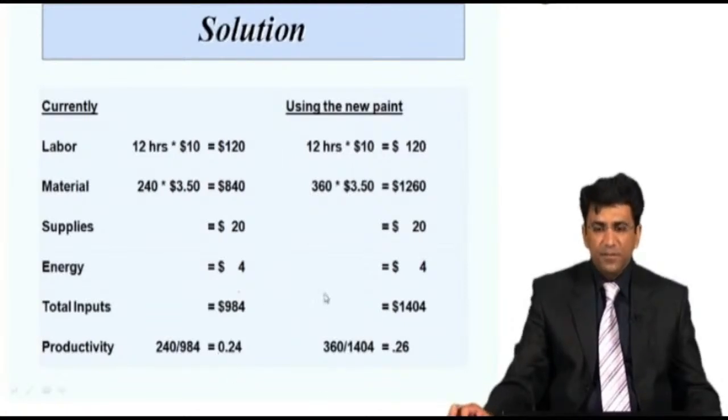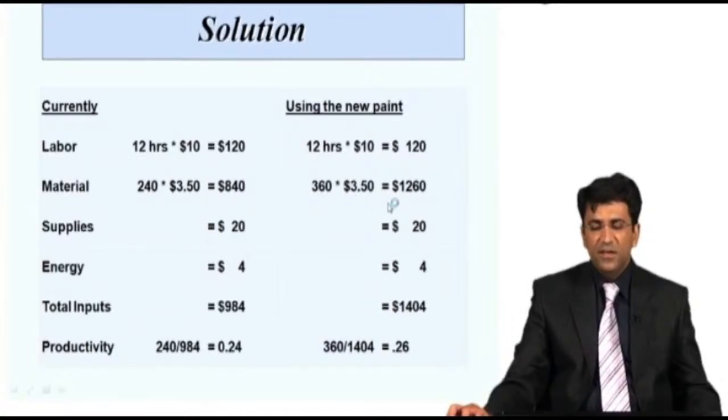Now what changes will be there by the usage of new paint? Labor hours will remain same. There will be a change in material cost. Why? Because our output level is being changed now. With the new paint, she is able to get 360. So our material cost will be again $3.5, which is the unit cost, multiplied by total output, that is 360.